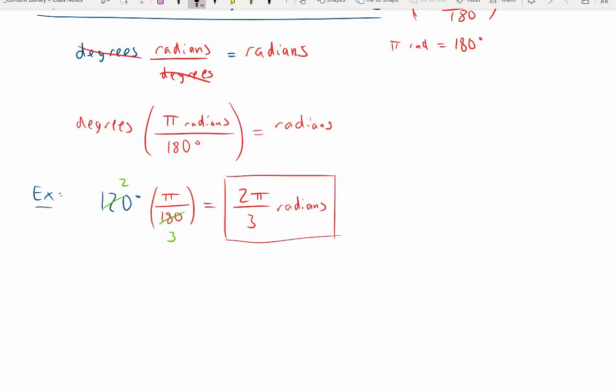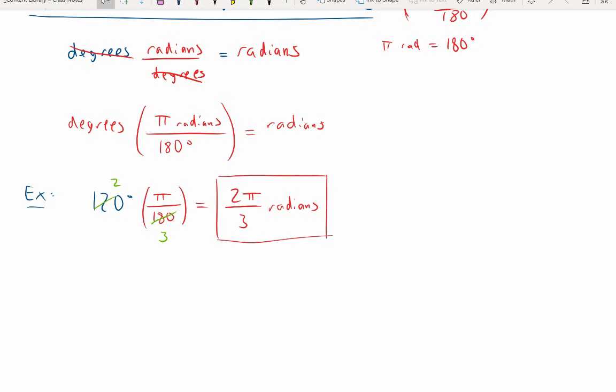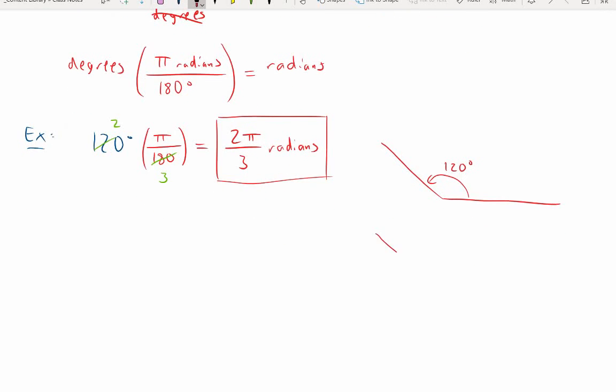So visually, we can say that if we had an angle that looked like this, we can say that this angle is 120 degrees, or we could say the same angle is 2 pi over 3 radians. The same angle, right? So this is how we convert from degree measure into radian measure.